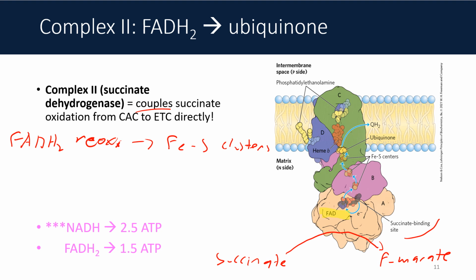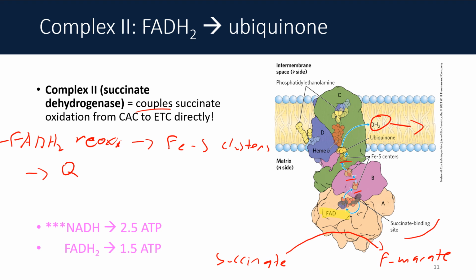Those electrons are going to ping pong all the way up until we reach a Q binding site, where the final iron-sulfur cluster will reduce Q into QH2. And that QH2 will undock and diffuse out into the inner membrane of the mitochondrion.